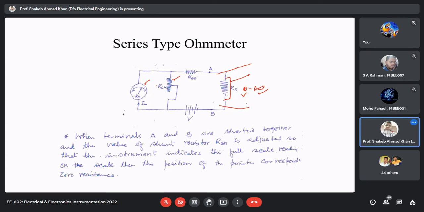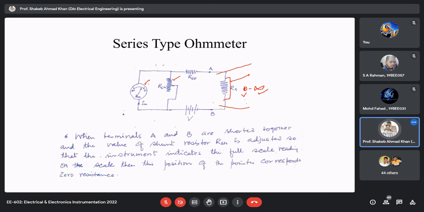So now the shunt should be designed in such a way that the instrument indicates full scale deflection when the resistance is zero, that is, when there is a short circuit, when you are shorting the input terminals.